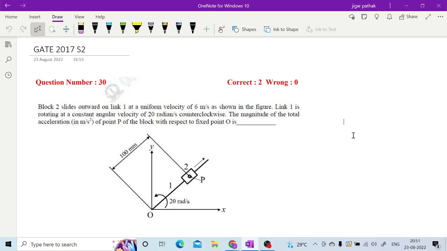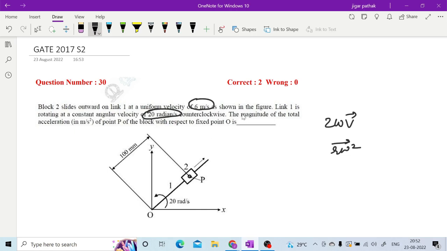You have calculated this kind of question earlier also, right? That 2 omega v is one vectorial component and r omega square is the other vectorial component. So omega is given as 20 radian per second. This velocity is given as 6 meter per second.